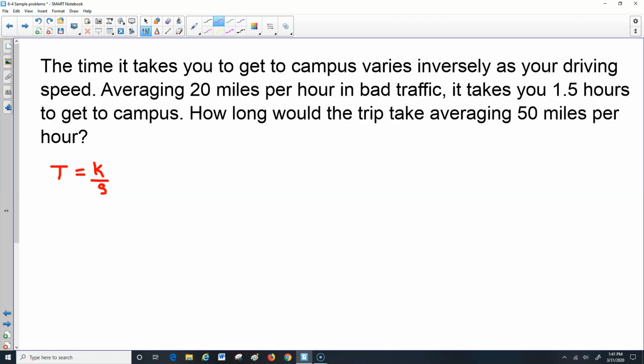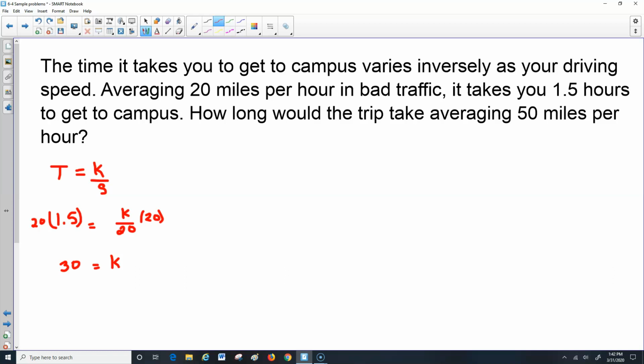So if we average 20 miles per hour, that's a speed. When it takes us 1.5 hours, we've got 1.5 equals k divided by 20. If we multiply both sides of this equation by 20, we get k equals 30.